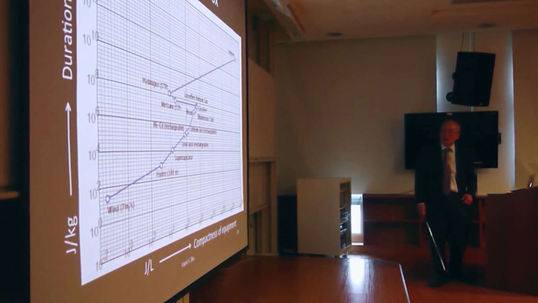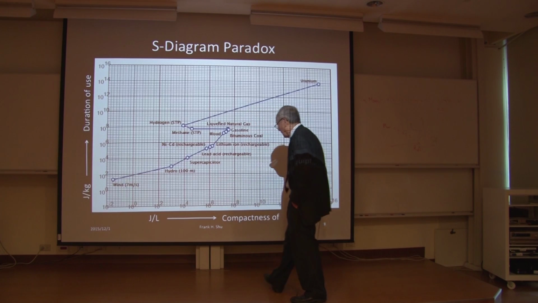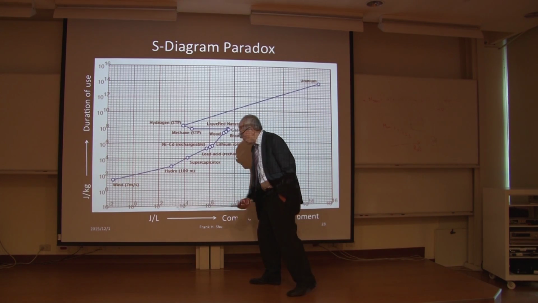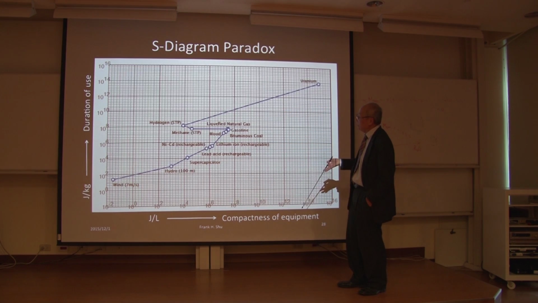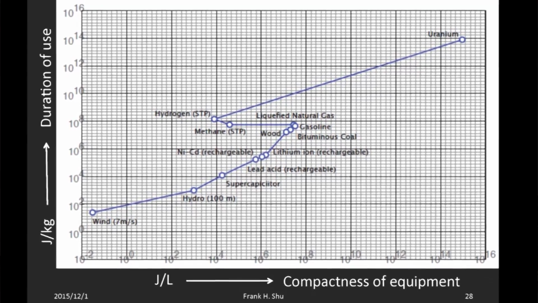So here's an S diagram. On the bottom horizontal line, we've plotted the number of joules in a liter of fuel or of whatever energy source one would like to use.